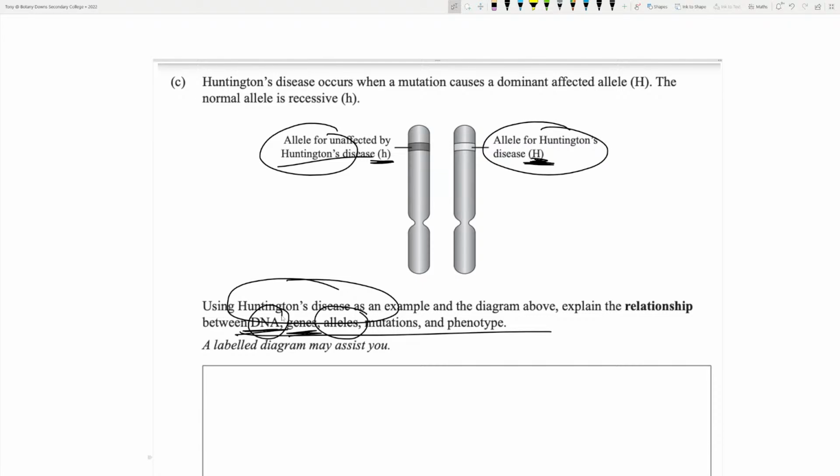So how could this disease have occurred? Now I don't see the whole question, but I think this could have been caused by mutation. So you could say a mutation is a change in the base sequence that created the Huntington disease alleles, and that means this particular allele will now be in the genotype, and that will be displayed physically in the phenotype. Okay.